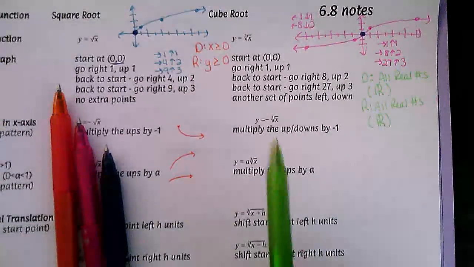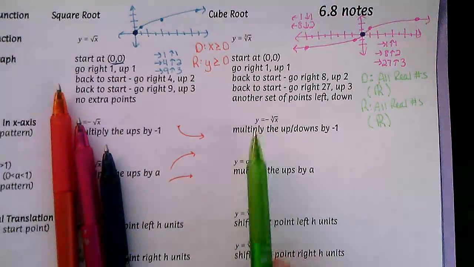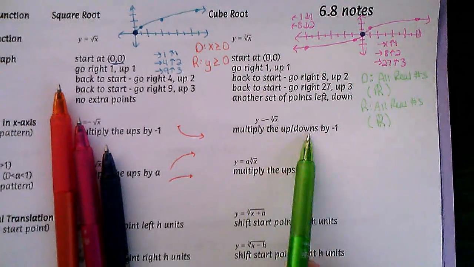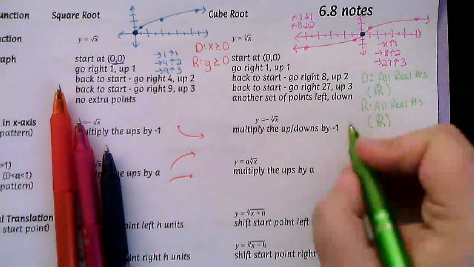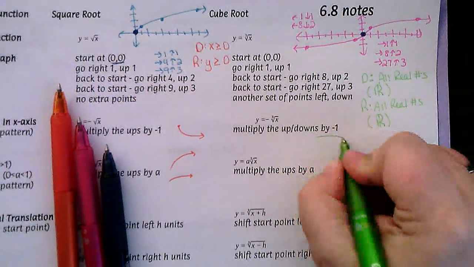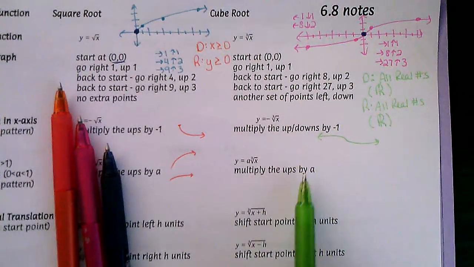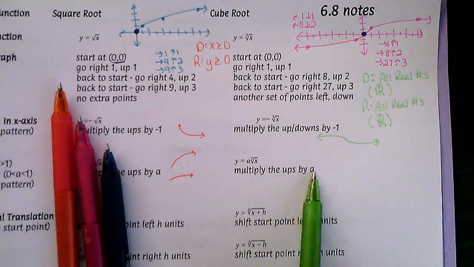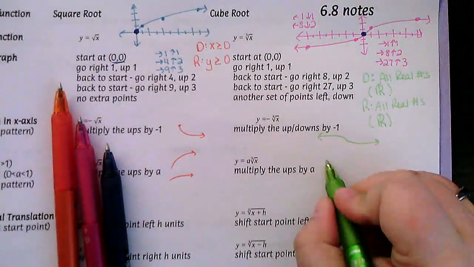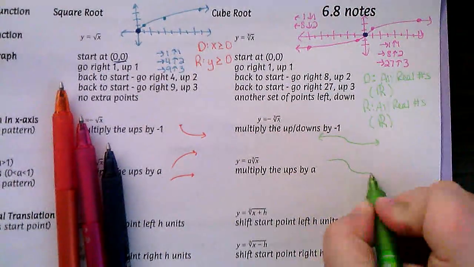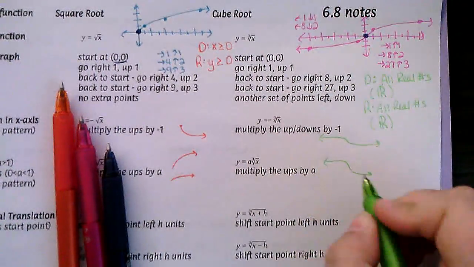Same thing here. If we have a negative out front, that multiplies our ups and downs by -1. So if we had this going on, it would actually start up top and go down low. Okay. Multiplying the ups by A, that can stretch it. So it can kind of have a stretch, or it can compress it.